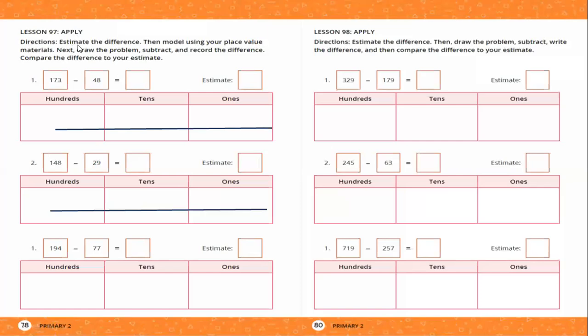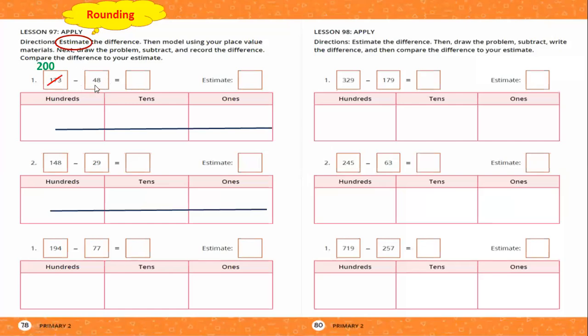If we see estimate only, without front end estimation, we will use rounding strategy, okay? Very good, Layan. Hala, very good. So 173 will be 200.